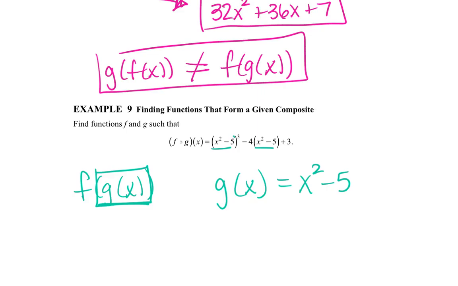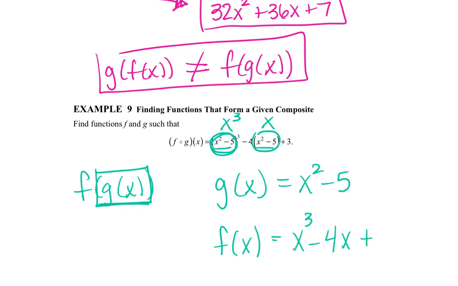And if that's the case, then this was replaced and this piece right here was replaced. So that means f of x is x cubed minus 4x plus 3.